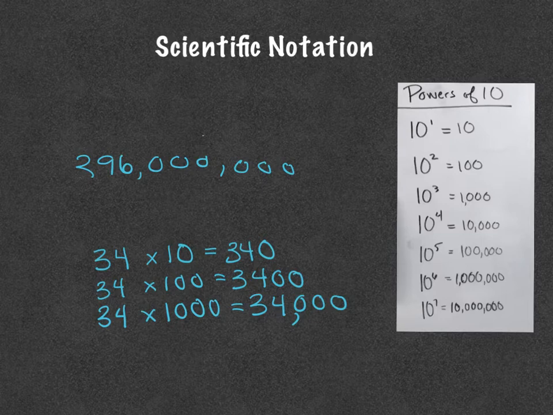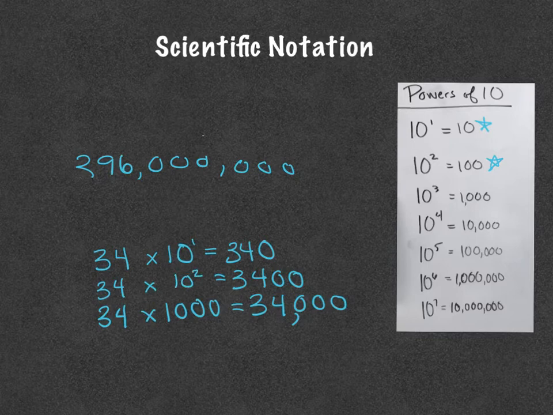Now, when scientists are talking about this, our knowledge of powers of 10 is going to be really important. When we think of times 10, we know that's times 10 to the 1. So 34 times 10 to the first power would be 340. Now, 34 times 100, 100 is the same as 10 to the second power, right?